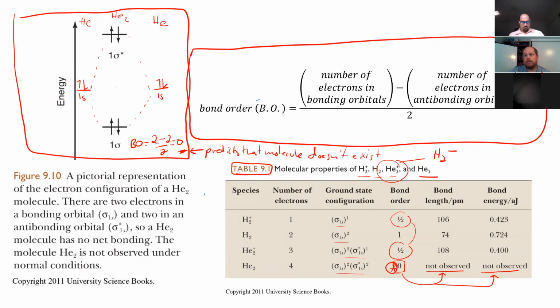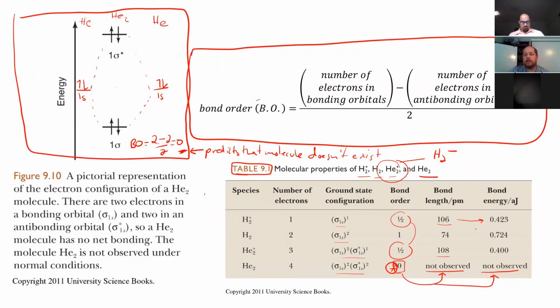The other thing I told you we'd be able to predict is, if we have molecules with the same bond order, which one of them is going to have a stronger bond. If you look at the H2 plus or the He2 plus, you'll notice the bond length shows that the H2 plus molecule has a slightly shorter bond length, which means that it should have a slightly higher bond energy.